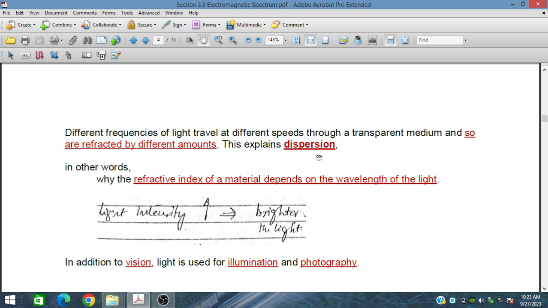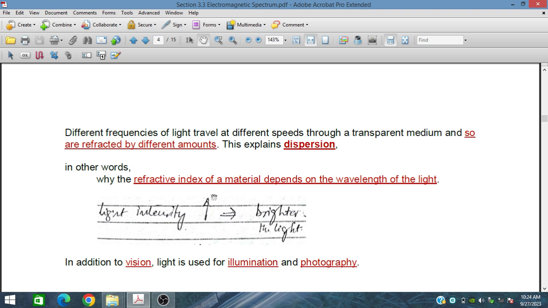This explains dispersion. In other words, it explains why the refractive index of a material depends on the wavelength of light. According to the wavelength, light gives a different kind of refraction, and as a result spectrums are developed. This is called dispersion.